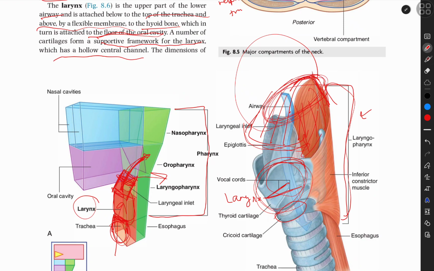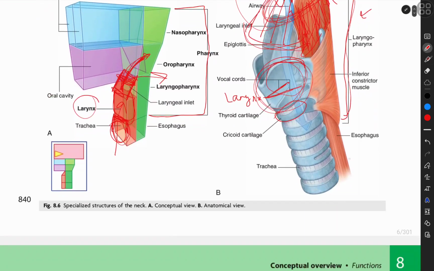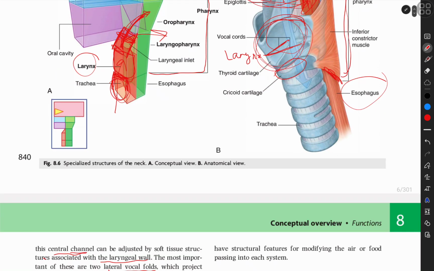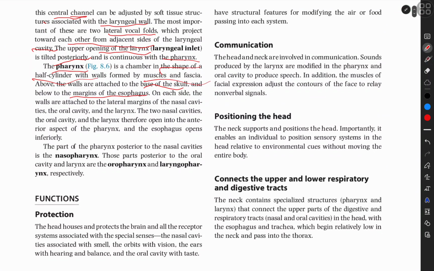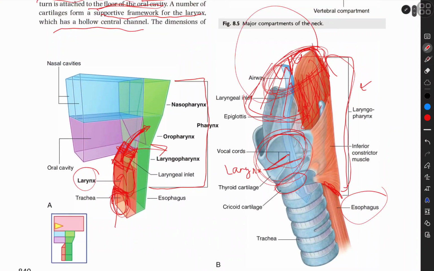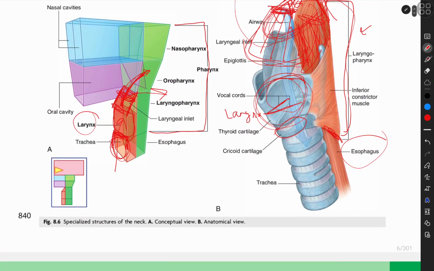I think there are ligaments connecting here and here, and inferiorly the pharynx is attached to the esophagus. On each side, the walls are attached to the lateral margins of the nasal cavities, the oral cavity, and the larynx.